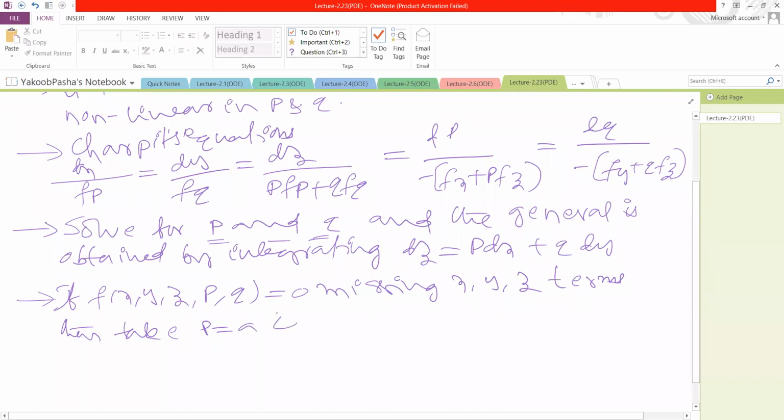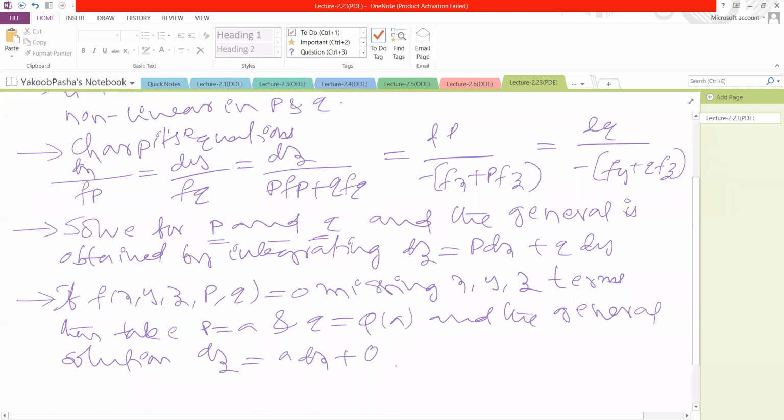In the given equation, we'll get q in terms of phi of a. So the general solution is dz = p dx + q dy, where we are taking p equal to a. So dz = a dx + phi(a) dy.